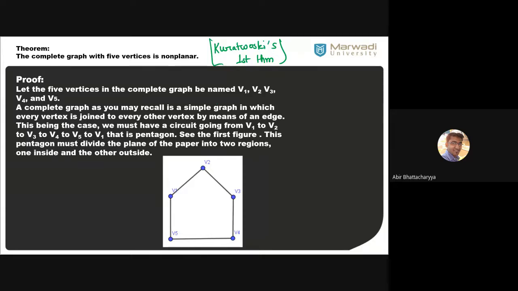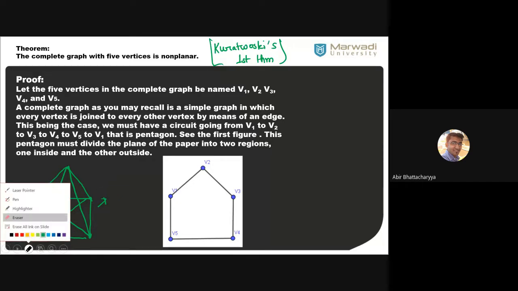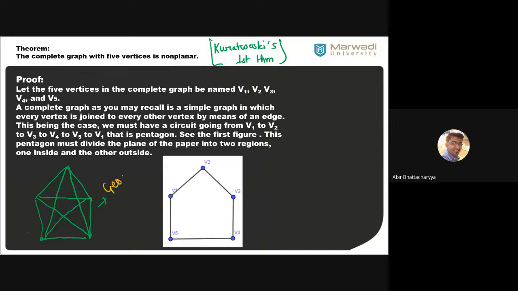What is K5? This graph is K5, isn't it? So we will try to draw the geometric embedding of this graph.